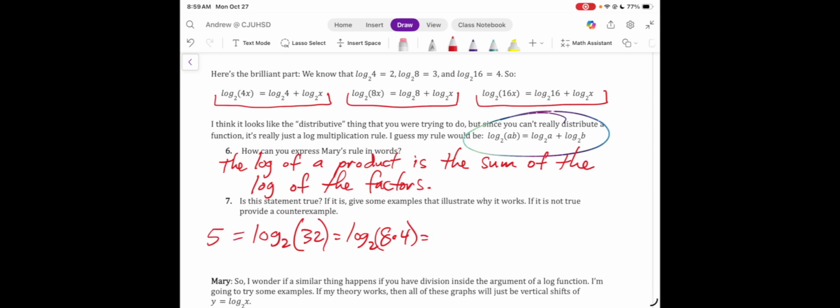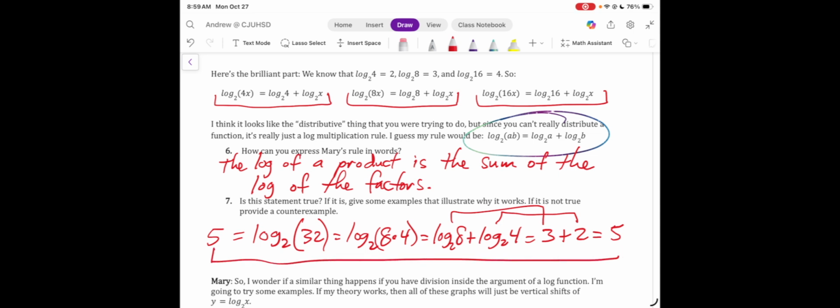Okay, so is this the log base 2 of 8 plus the log base 2 of 4? And the log base 2 of 8 is 3. And the log base 2 of 4 is 2. And what do you know? 3 plus 2 is 5. Everything works as it should.